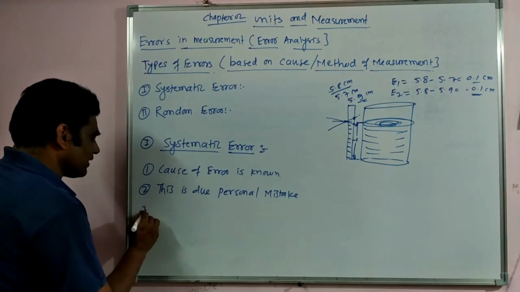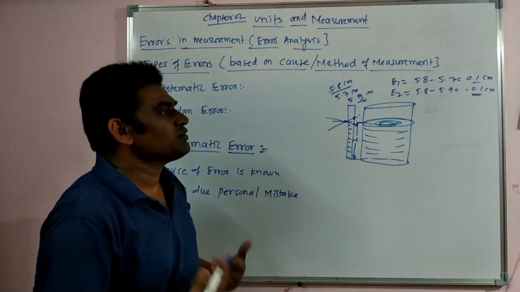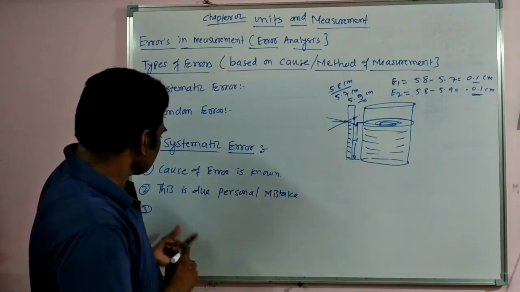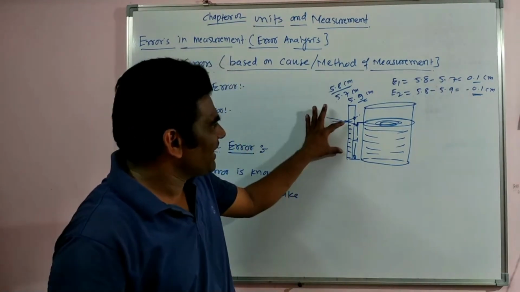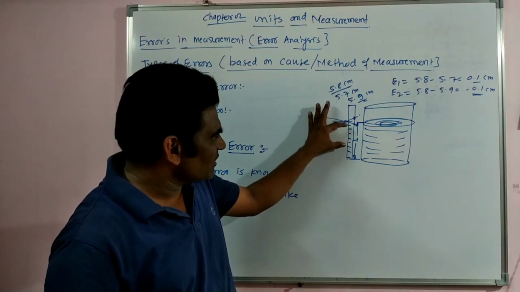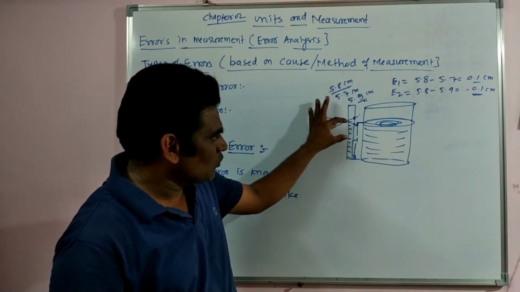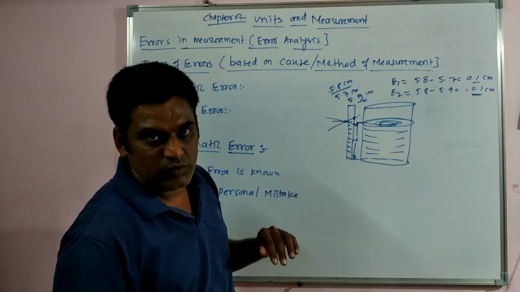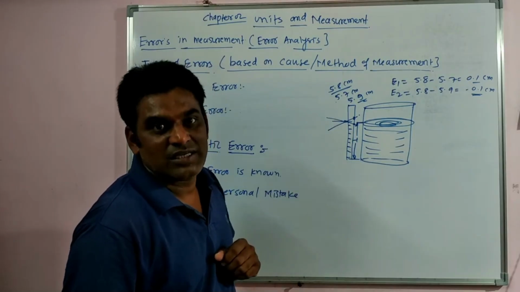Sometimes it may happen that an instrument is faulty. Means what? Sometimes the instrument is not calibrated properly, or on this scale, whatever 1, 2, 3, 4 numbers are written, that is rubbed and it is not visible properly. So this instrument is faulty, you can say.